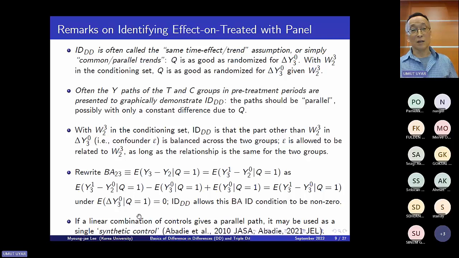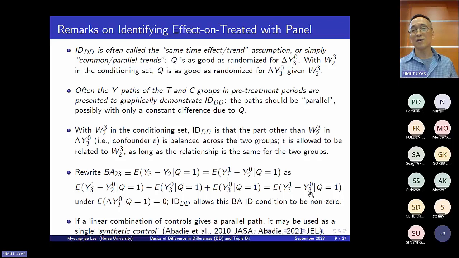Then the BA identification condition is that without the treatment, the facial look change would be 0. That's the BA identification condition. And under this condition, this BA becomes this.